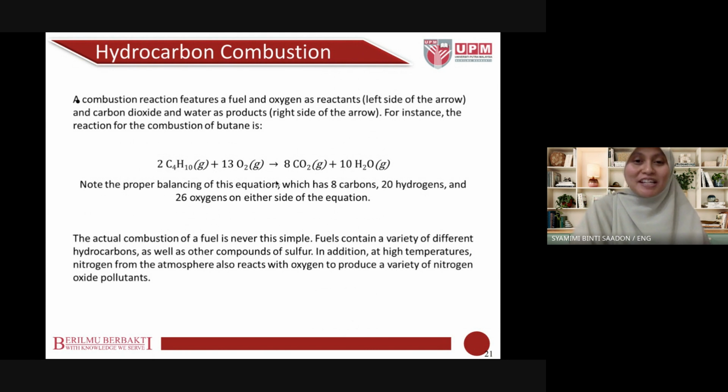If the combustion is complete, we need 2 mole of butane and 13 mole of oxygen to produce 8 mole of carbon dioxide and 10 of H2O. From here we can calculate the air to fuel ratio, etc. and know whether we can achieve a complete combustion or not.